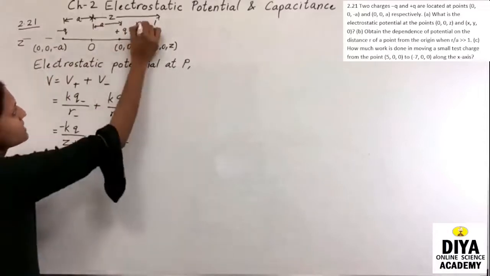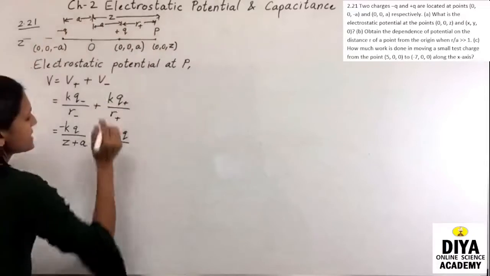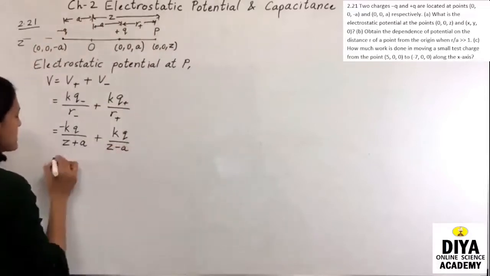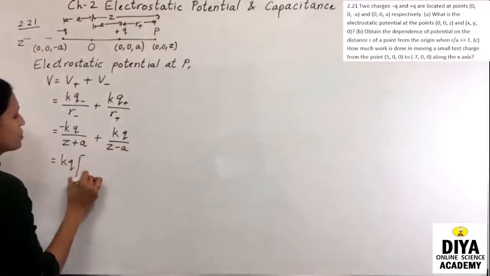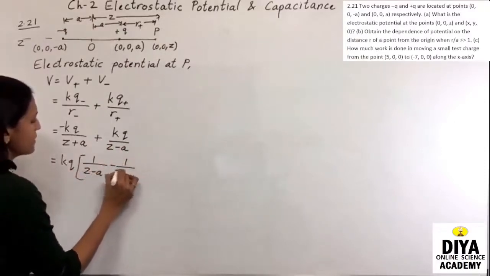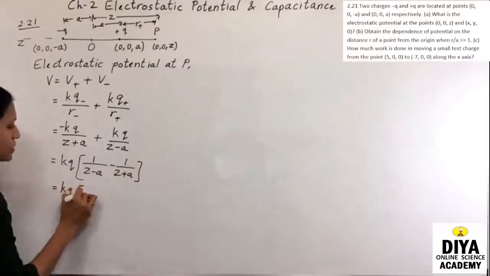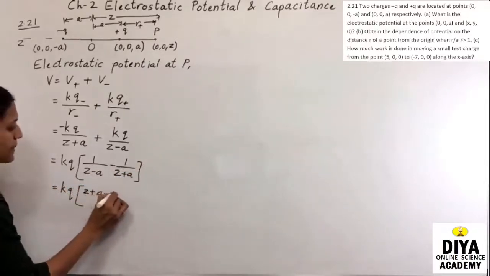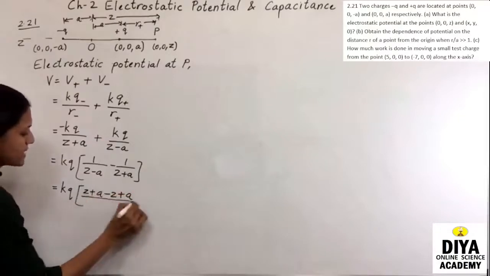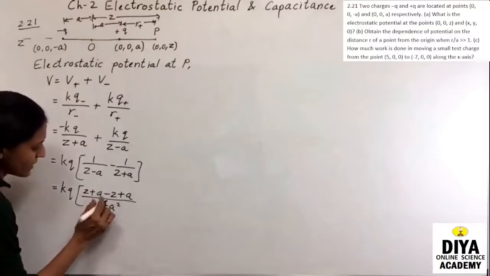So r plus distance is actually Z minus A. So KQ upon Z minus A minus 1 upon Z plus A equals KQ by Z plus A minus Z minus A upon the LCM, which is Z square minus A square.